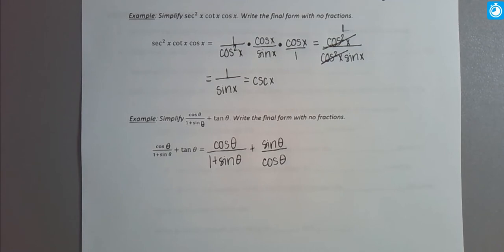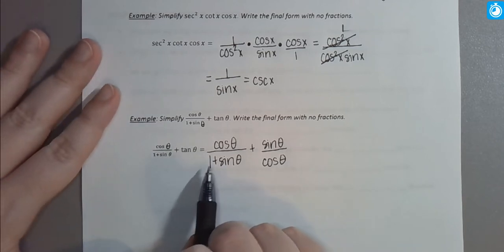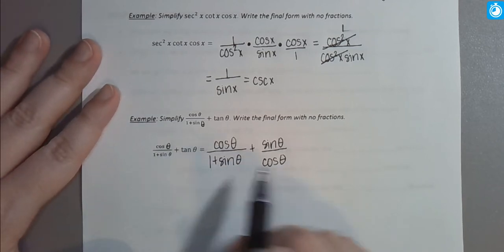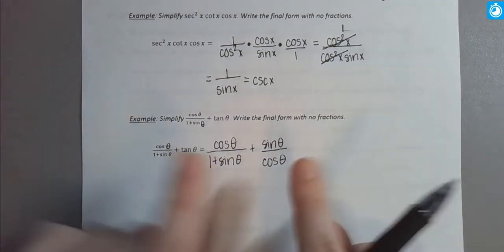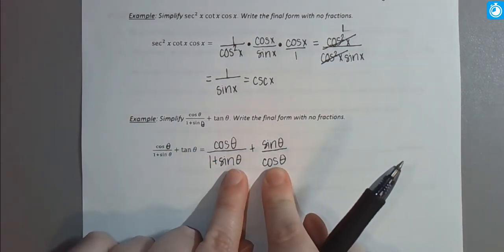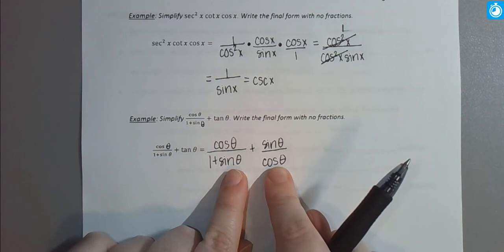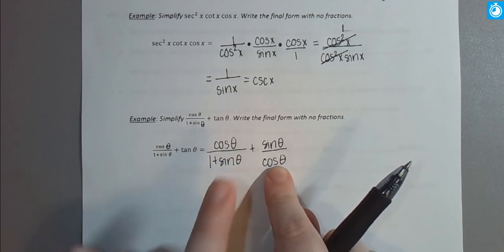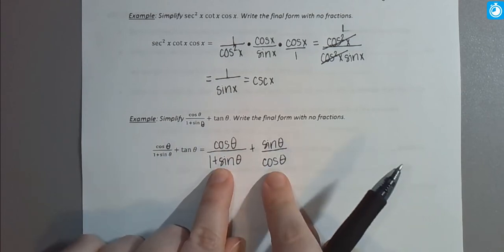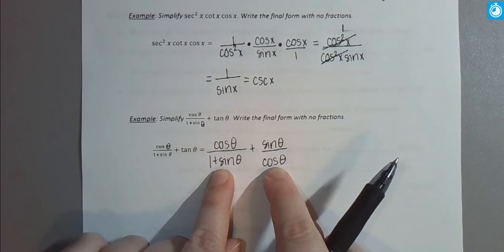Okay, well now we have 2 rational expressions. Notice they each have a different denominator. So if we wanted to combine these together, we would need that common denominator. Well, our first denominator, 1 plus sine theta, our second is cosine theta. These denominators don't have anything in common. That means our common denominator is going to need both a 1 plus sine and a cosine.